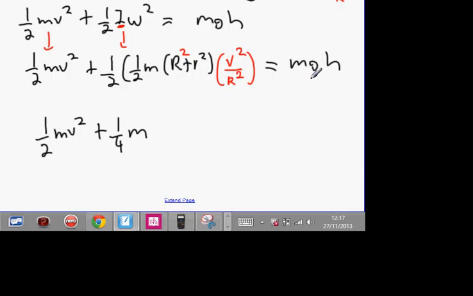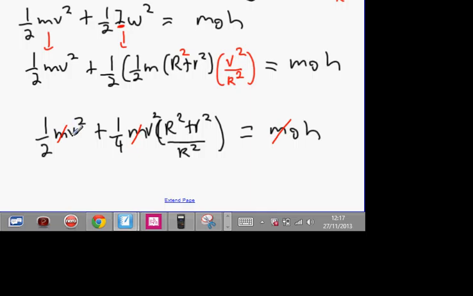Equal to mgh. Now, what we're going to have here is quarter m. We're going to have big R squared plus small r squared. Put the v squared in there, all over R squared, equals mgh. Get rid of the m's.